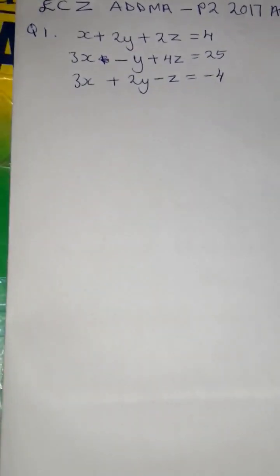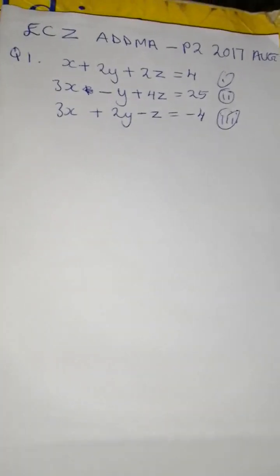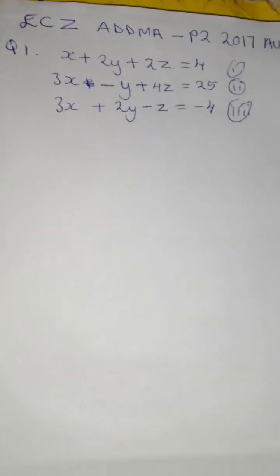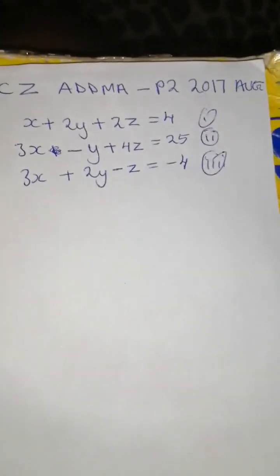Okay, so to eliminate one variable, I'll first get two equations. I can say this is equation 1, equation 2, and equation 3. Looking at these equations, I think I can start by eliminating x. So I can get equation 2 and 3.